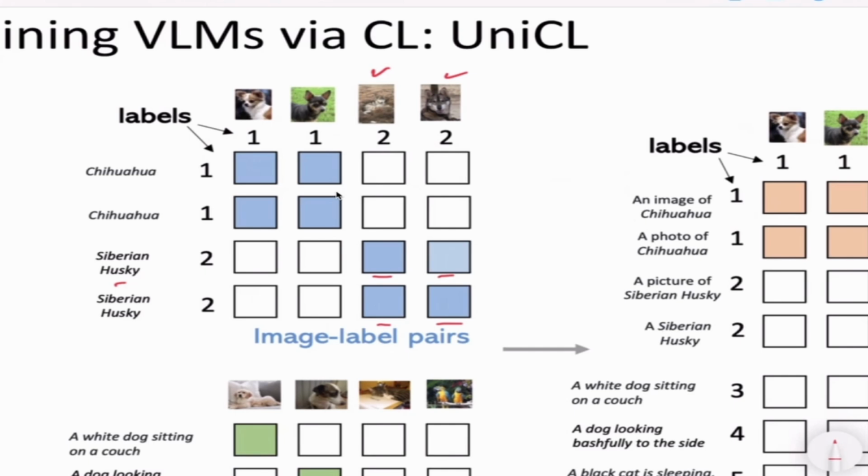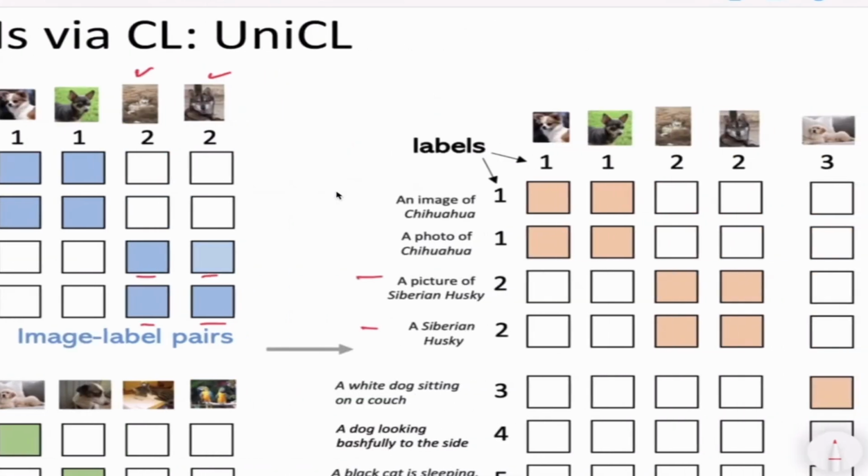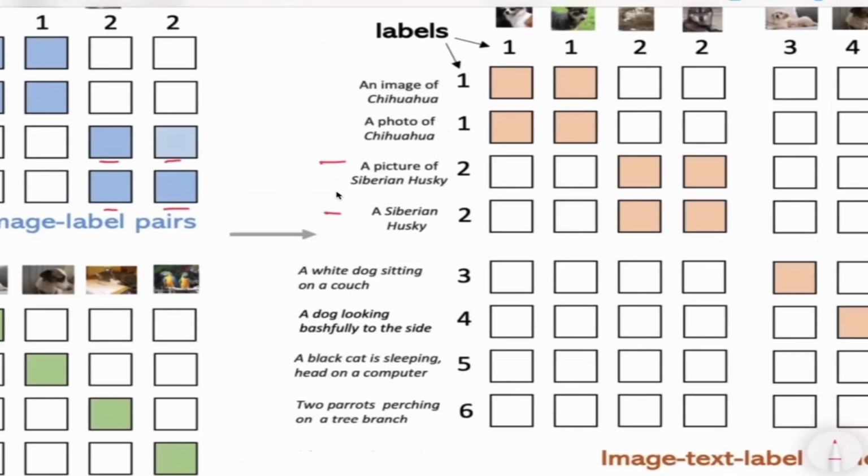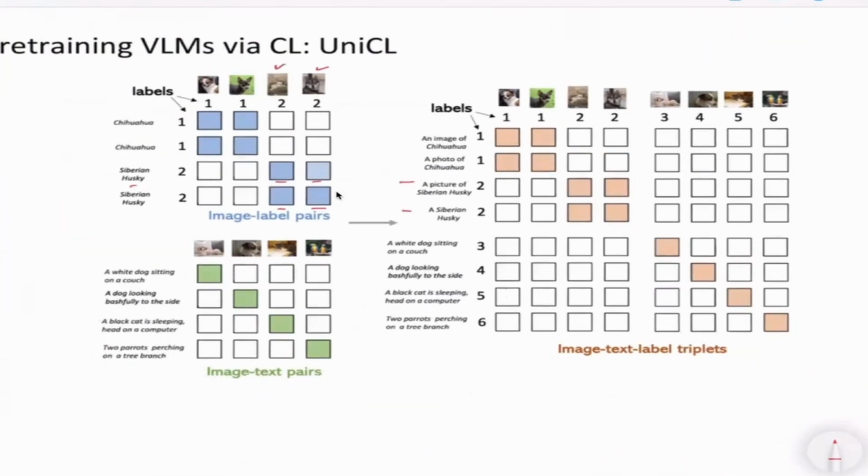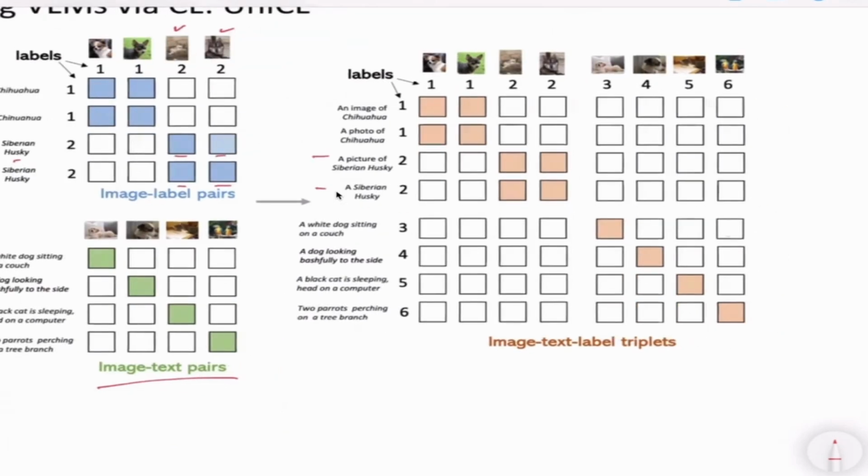So you can design the prompt as you were designing the prompt to do zero-shot inference. You can say a picture of a husky, a Siberian husky, an image of a husky, something like that. So that gives you the text, and you can have the normal text which is coming from your normal image-text pair, which has more detail provided by humans, and you just combine that.